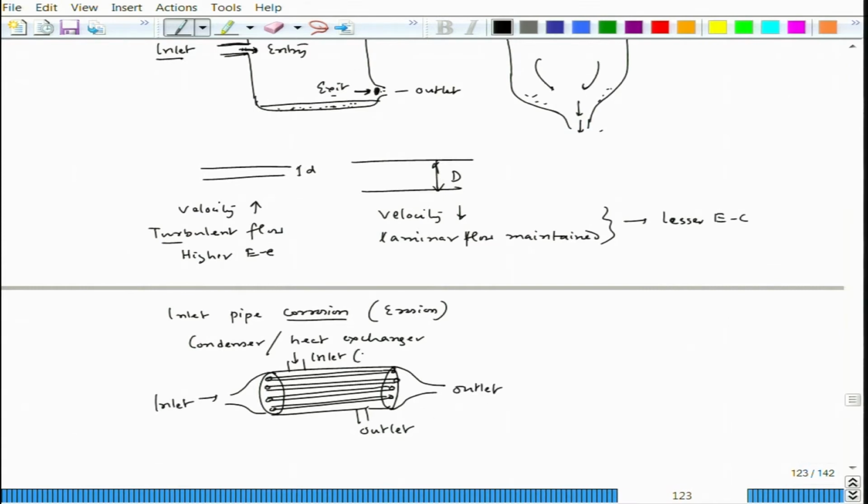Let us say in this case hot gas, this is cold gas, this is let us say cold water, this is hot water. That way we are recovering heat from the hot gas in the form of heating water.